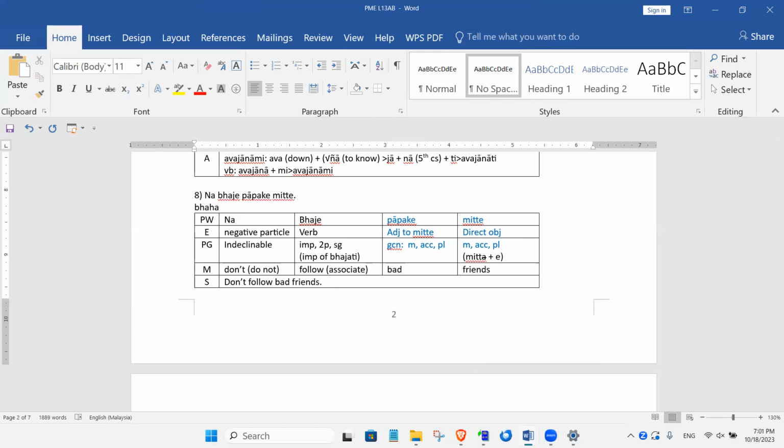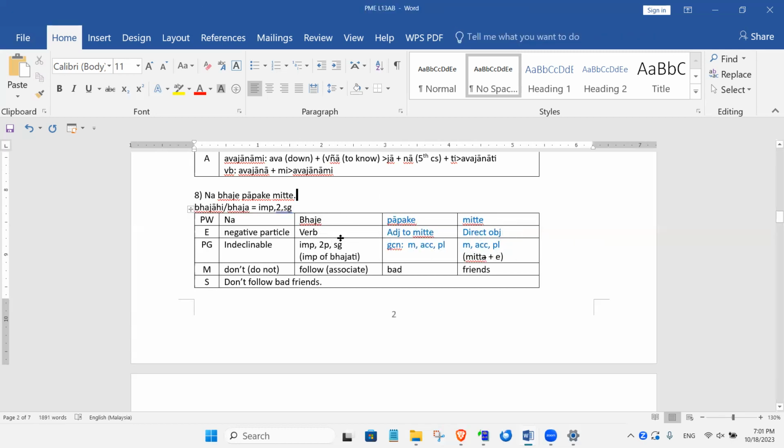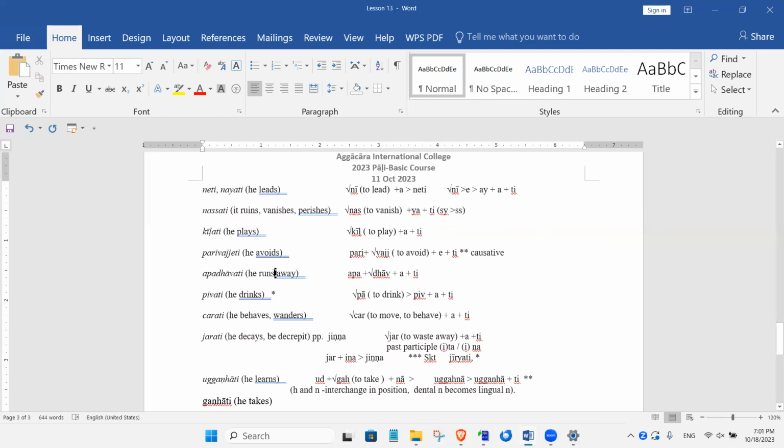Short form. Bhaja. Then this second person, second imperative, second person singular. So bhaje. This one should be aya. Right? Aya. Yeah. Right. Okay.